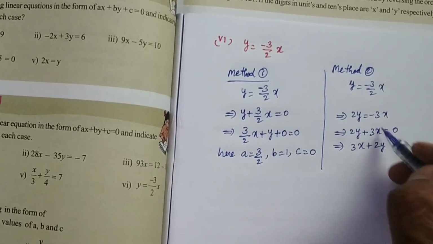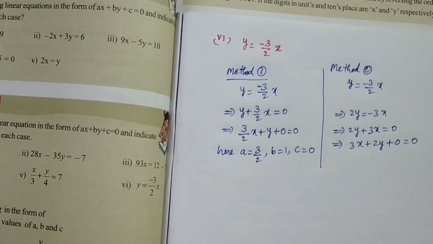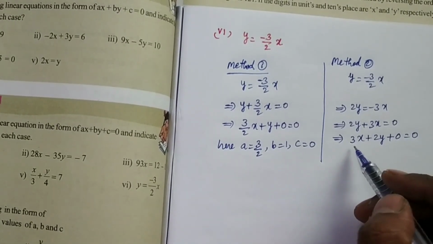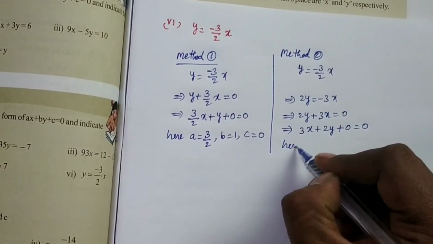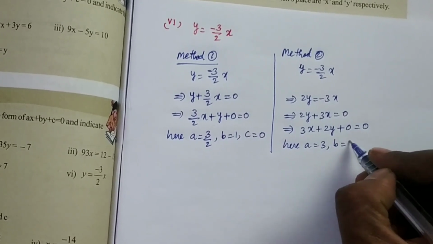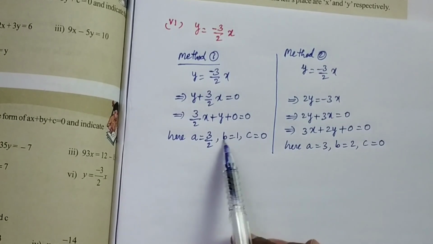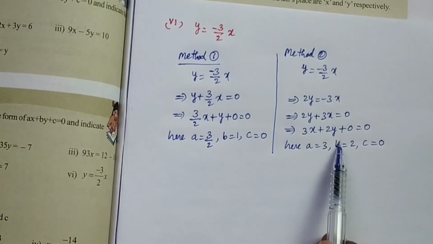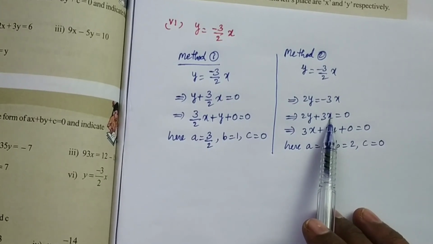Here the constant is not there, so in its place you take 0. So now it is in the form of ax plus by plus c is equal to 0. So here a is equal to 3, b is equal to 2, c is equal to 0. Here we got both different values, but these two methods are correct.